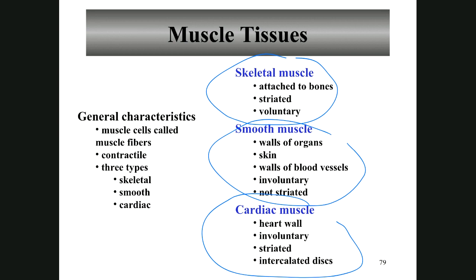Which one of these muscles can divide? Important question to know, right? Anybody? Raise your hand. The smooth muscle. Good. Very important to know that one. This is the only one that can divide.